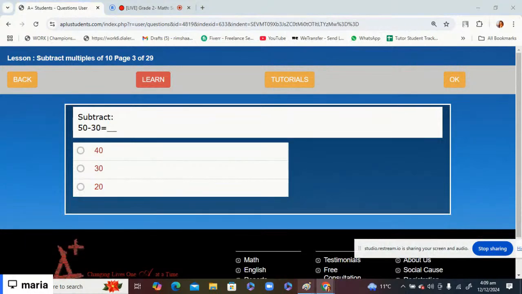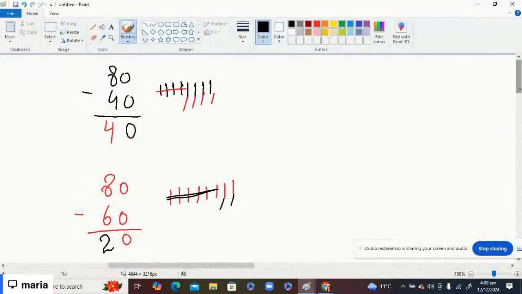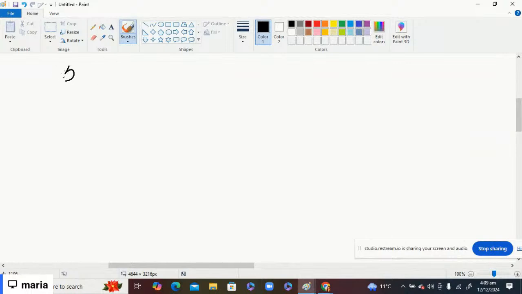50 minus 30. 0 minus 0 is 0. Draw 5 lines. 1, 2, 3, 4, and 5. Now 3 lines are removed. 1, 2, and 3. How many lines are left? Only 2 lines are left. 1 and 2.